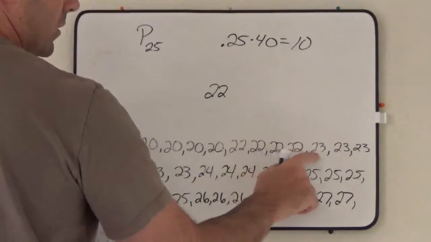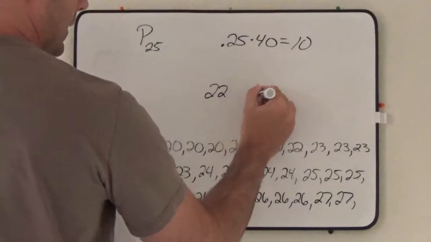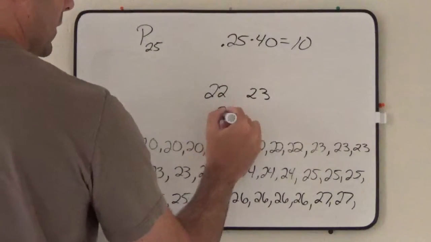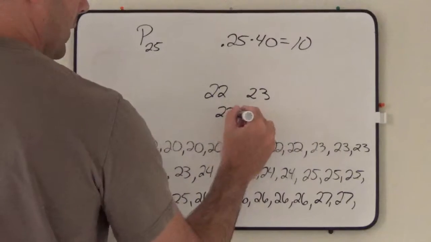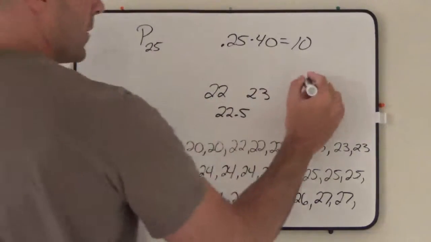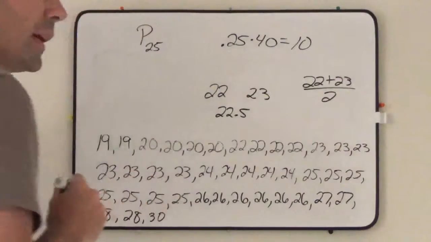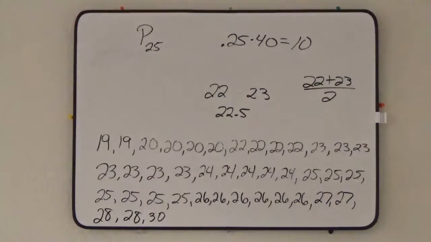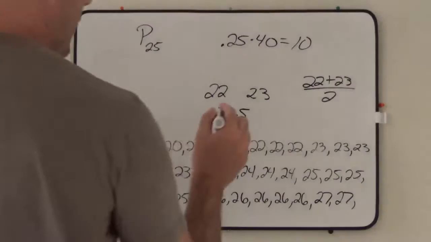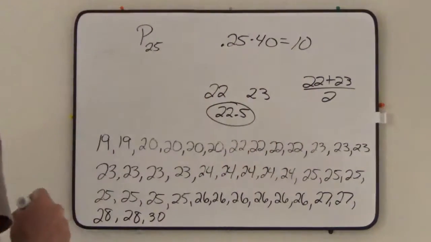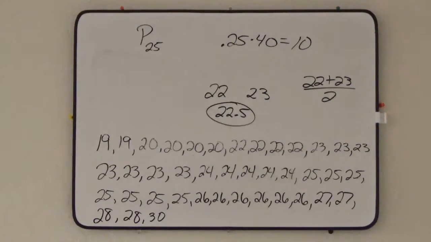And the next term is the 11th term, 23. Halfway between those is 22.5. Now, if you don't know how to solve that, add those together, 22 plus 23, and divide it by 2, and you'll get 22.5. So anyway, 22.5 is the 25th percentile.